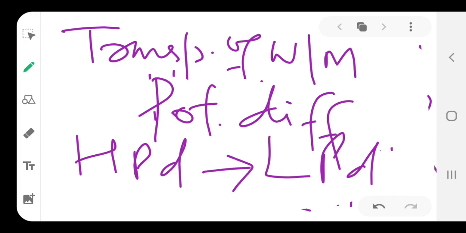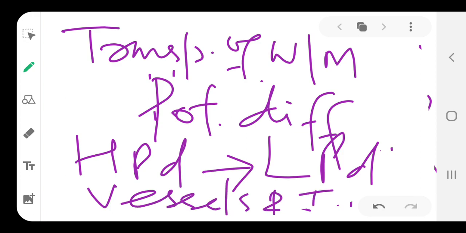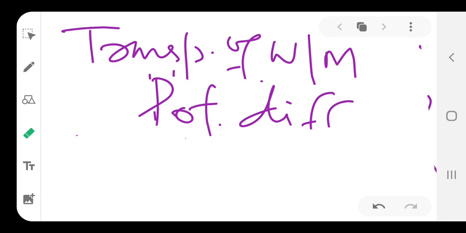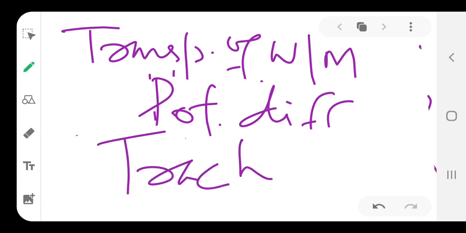This is the way the water molecules move in these xylem cells, and basically the cells I have told you are vessels and tracheids. So write these two terms, tracheids and vessels, which are the main parts through which these things will be moved.